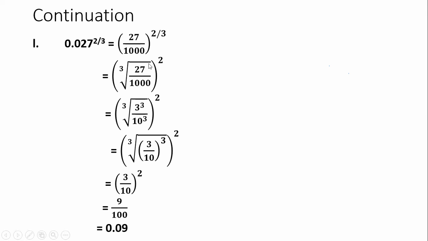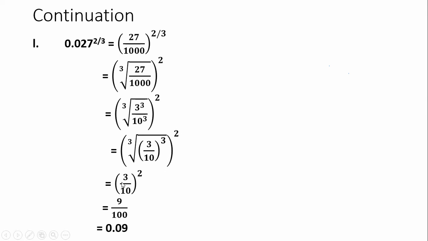That will change to the cube root of 27 over 1,000, bracket power 2. That's the seventh law. So what's the cube root? 27 will be 3 times 3 times 3, that's 3 cubed. 1,000 is 10 times 10 times 10, that's 10 raised to the power 3, 10 cubed. So then you can now factorize the cube. So the cube and the cube root you cancel out. So you have 3 over 10, bracket power 2.